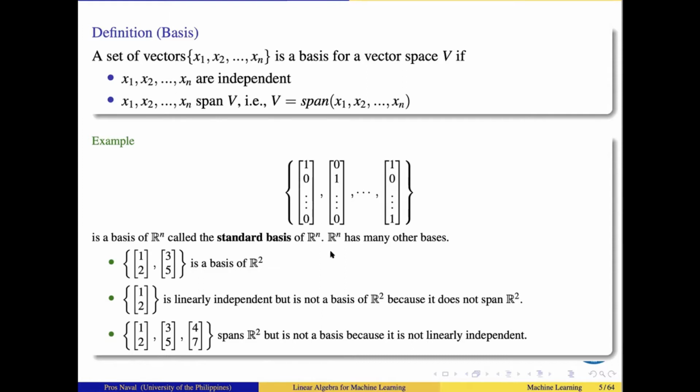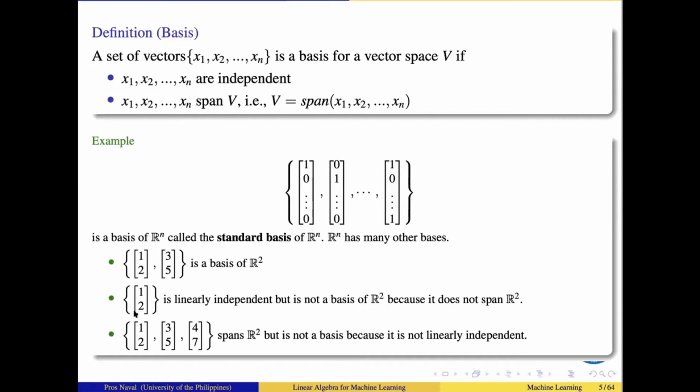Rn, of course, has many other bases. So let's have other examples. 1, 2, and 3, 5. This set here is a basis of R2, because these two vectors are linearly independent and they span the vector space R2.